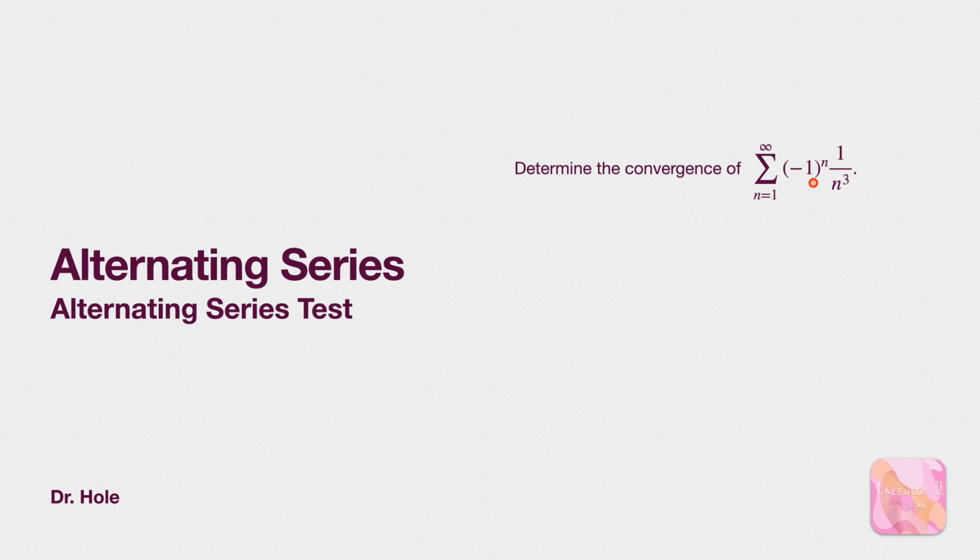All right. So we have a sequence of terms, an, which can be broken up into the alternating factor and then the Bn factor. You first want to identify the Bn's. So Bn would be 1 over n cubed. We need to check 2 conditions on the sequence of Bn's.